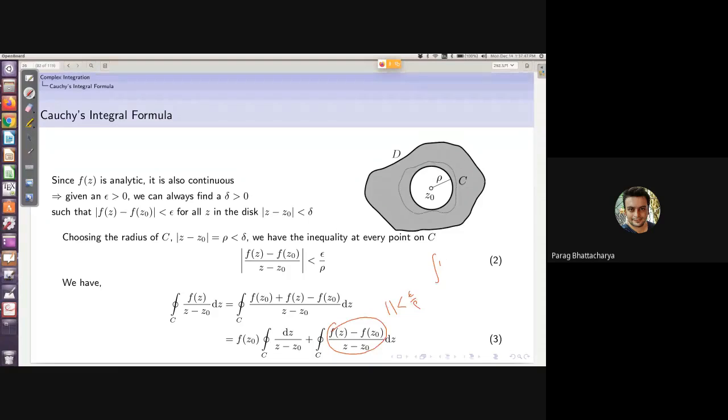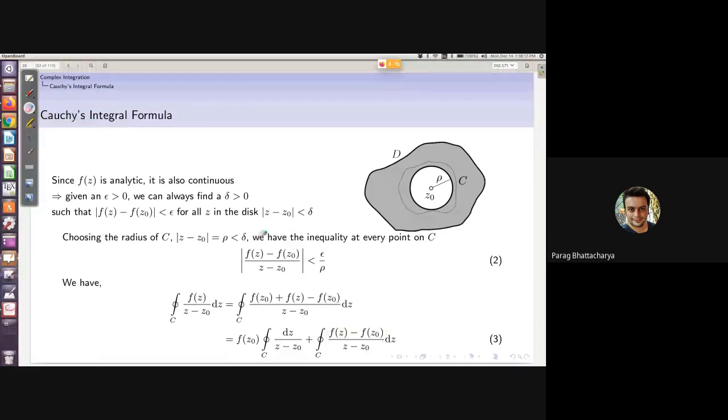It says that if I have f of z dz integrated over C, and if the integrand is less than some value M, and L is the length of the path of integration, then the integral is going to be less than M into L. So that's your ML inequality.